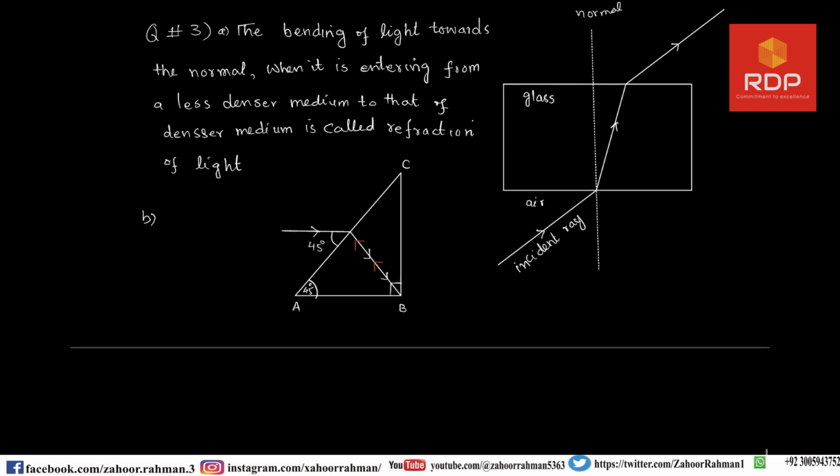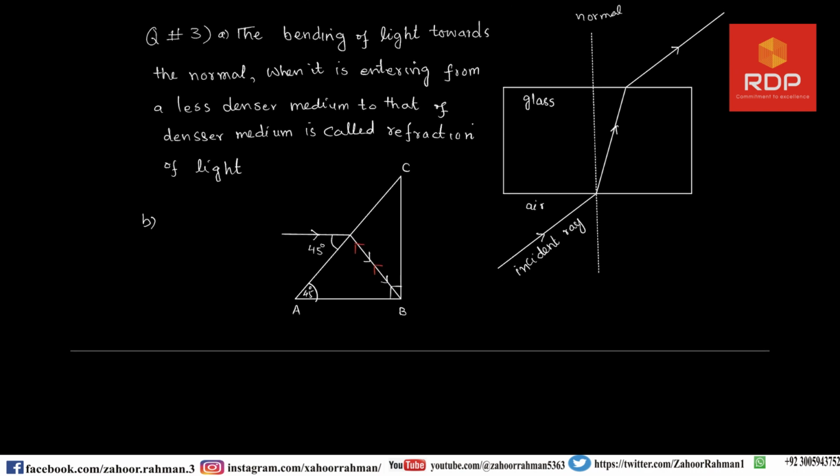Now we are turning our focus to question number 3. In A part, they are saying what is refraction of light. Illustrate with a diagram. So there is a glass slab, you can see. There is an incident ray.